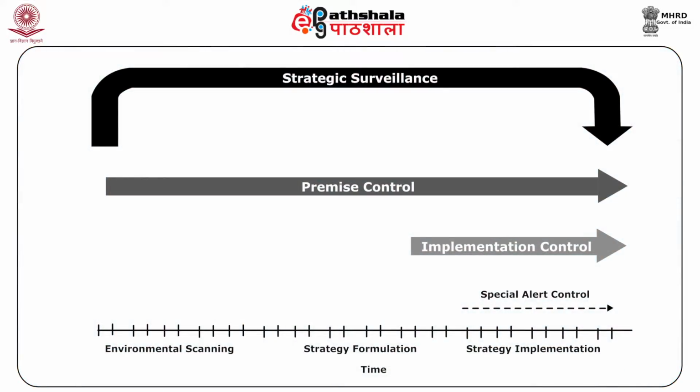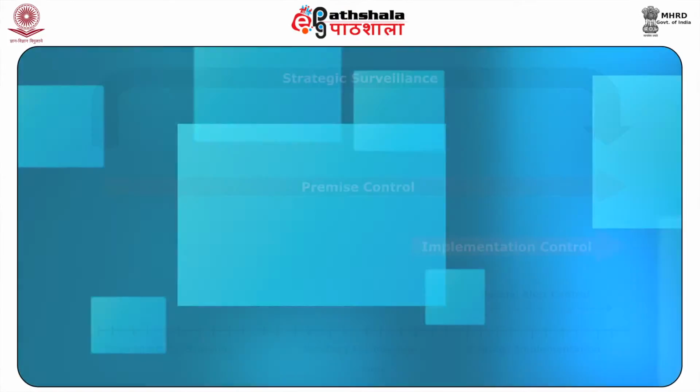The strategic surveillance mechanism comes first, then we have premise control and implementation control, and finally special alert control. There are 3 ranges. The first range is environmental scanning, the second range is strategy formulation, and the third is strategy implementation. Now let us take up each of these.